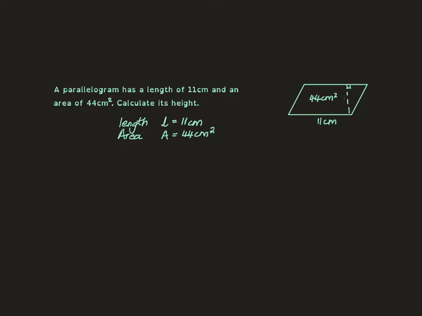Then you write down the formula you're going to use. A is equal to LH. The next step is to substitute your measurements into the formula. We are going to substitute the 11 in the place of L and the 44 in the place of A.